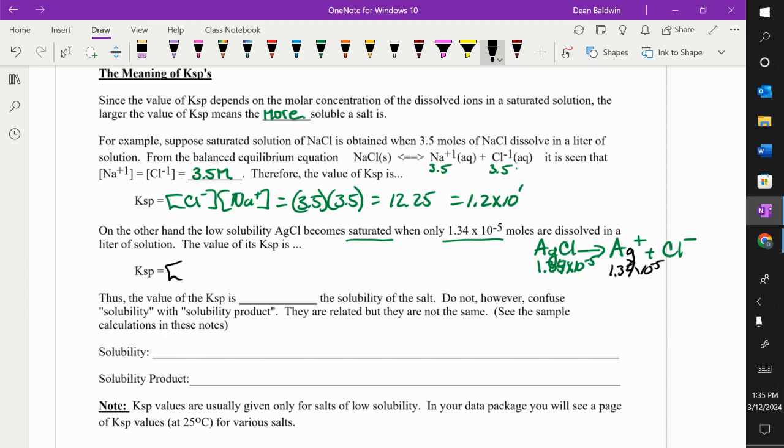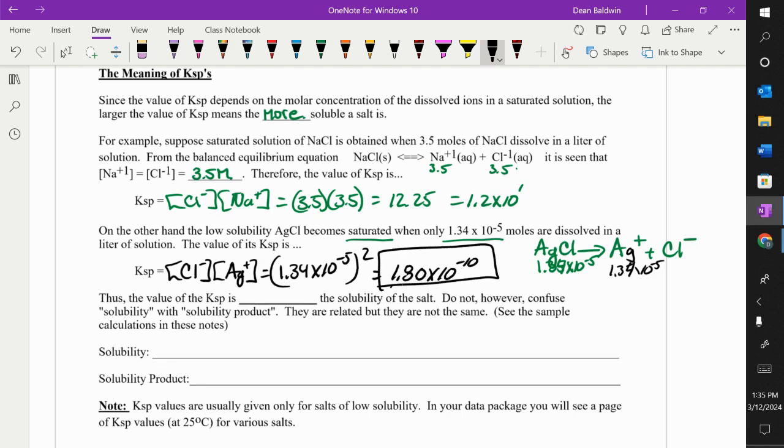So the KSP is 1.34 times 10 to the minus 5 squared, which is 1.80 times 10 to the minus 10. So a really small KSP.